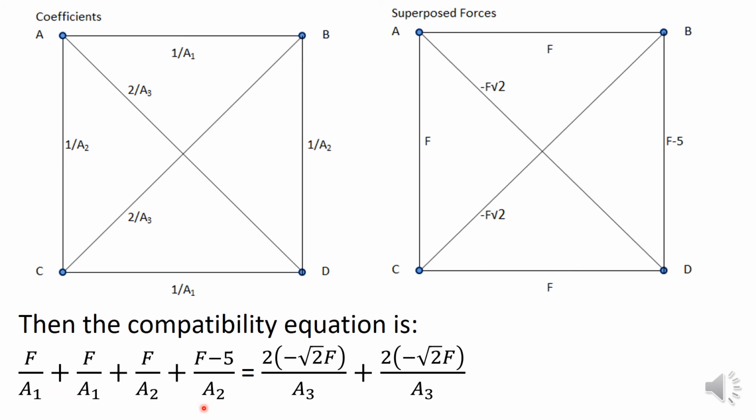On the perimeter, you have these terms, okay, F over A1 and F over A2, that's the top and bottom members. And for the left and right sides, F over A2 here and F minus 5 over A2. On the diagonals, it's 2 over A3 times minus F over root 2 plus the same term here. And we can go forward with that.